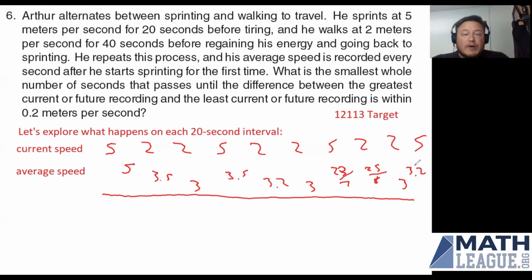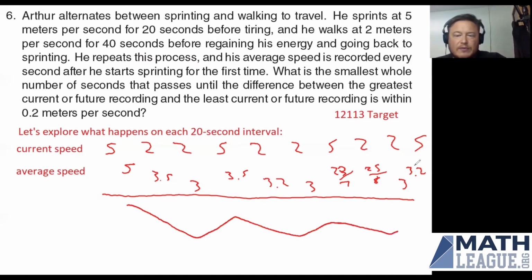Okay, so if we were to graph this, we're going from 5 down to 3, and then up to 3.5, down to 3, and then up to 23 over 7. That's a little bit over 3, down to 3, and then up to 3.2. Then, of course, we'll end up down to 3 again. So all these troughs are 3 meters per second. But what's happening is that these swings are not going to end up being as wide.